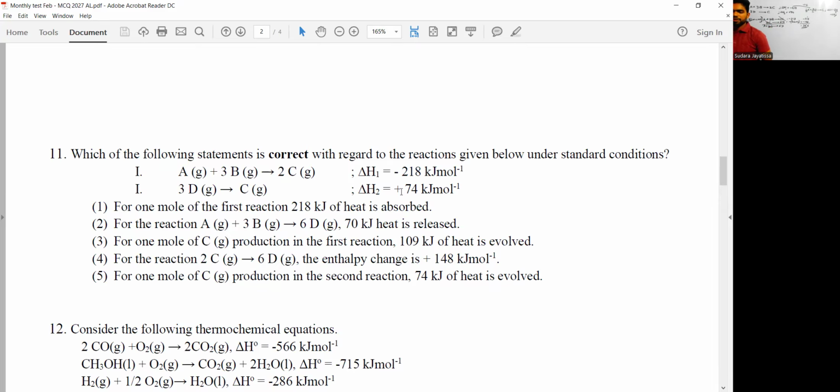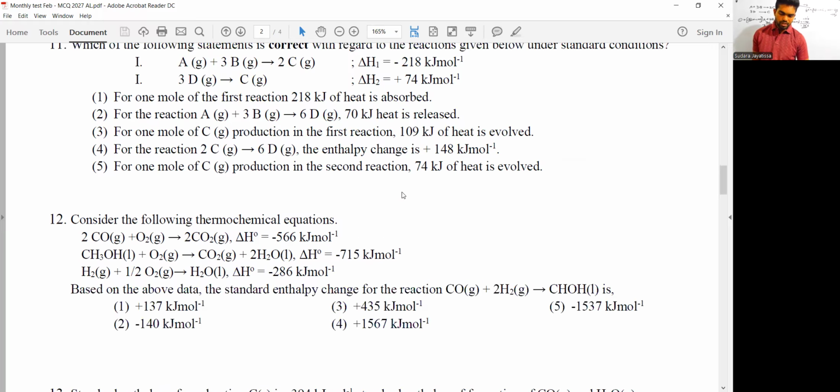It's a good theory about thermochemical equations. Our third one is the correct answer. And when you are writing the reviews, please add why other statements are wrong. Okay? That is important.